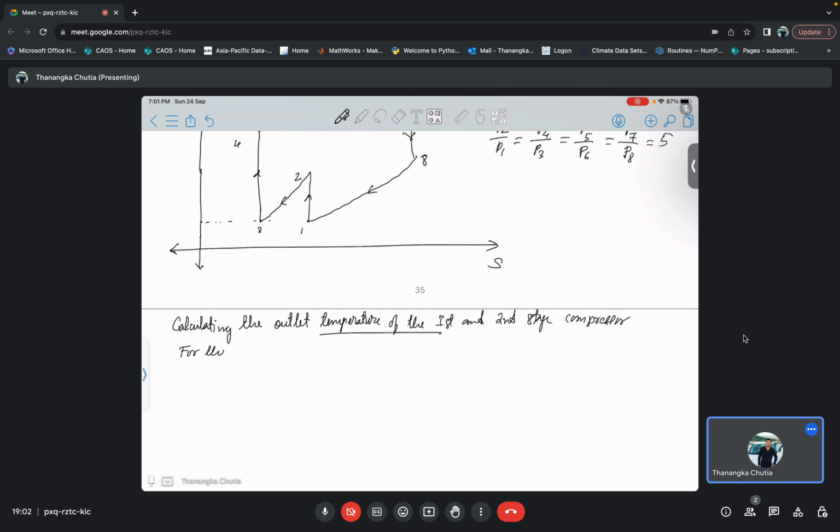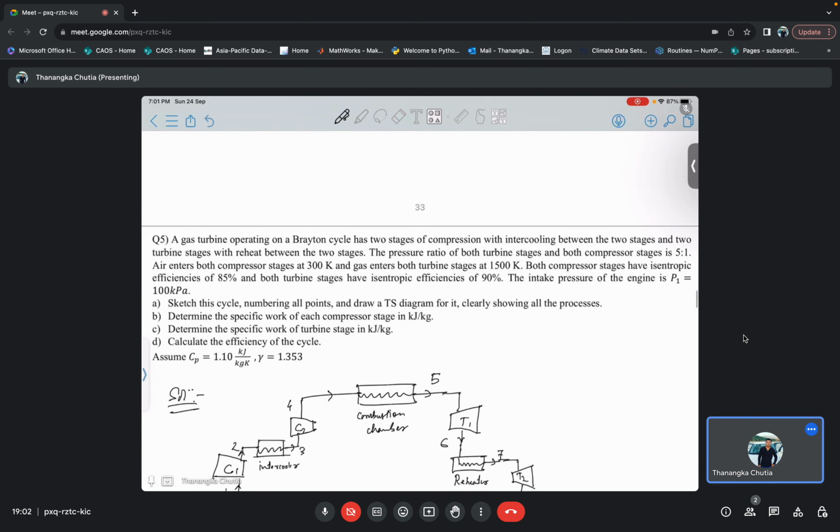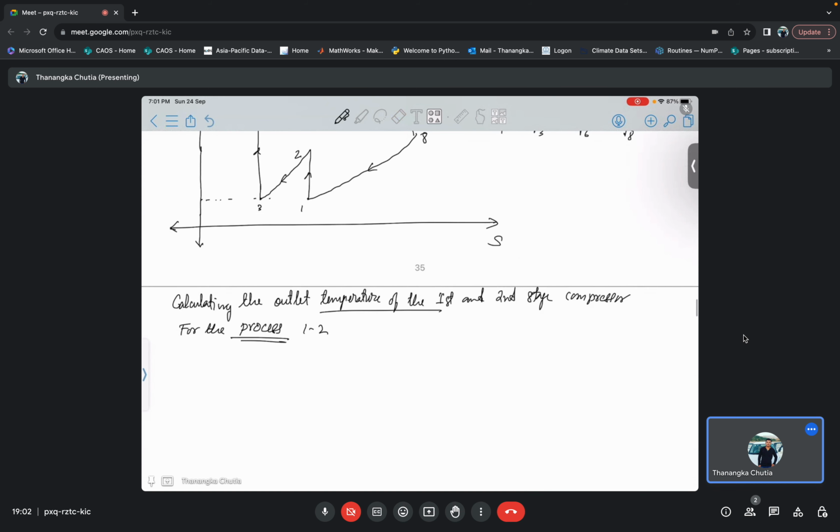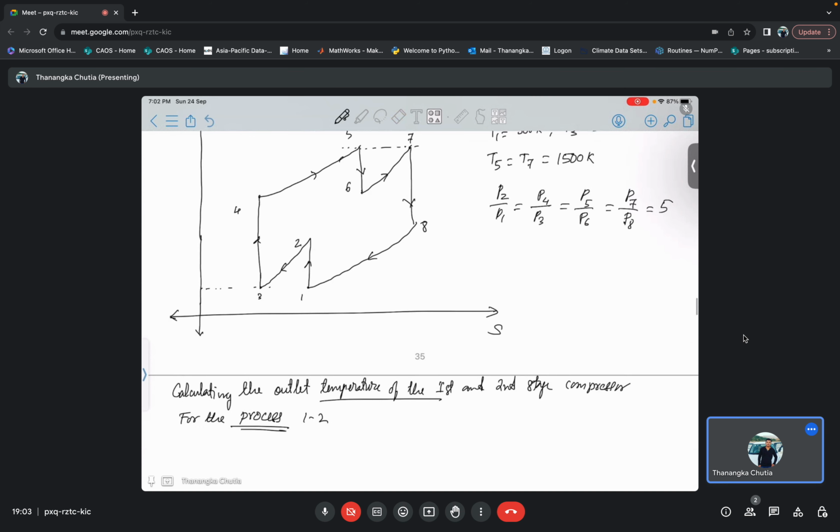For the process 1 to 2, let me draw this one.